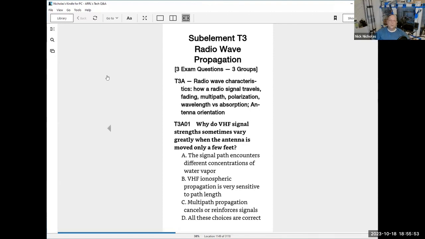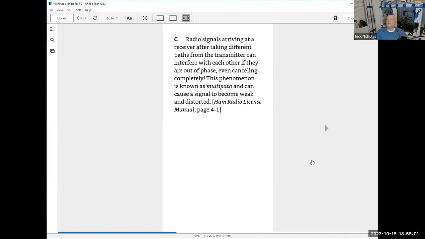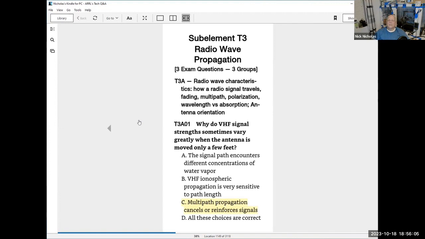Now, there's no answer shown on this page, but I'm going to give it a good guess. Wonder how I know that this guess is going to be right. The answer is C. Multi-path propagation is all that applies in this case, because this is a VHF signal.